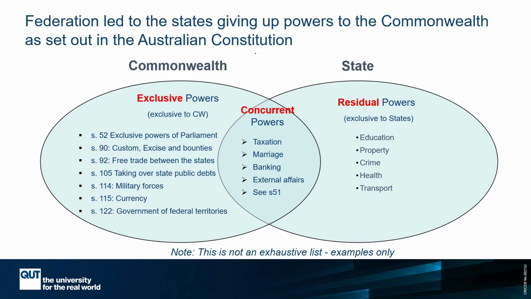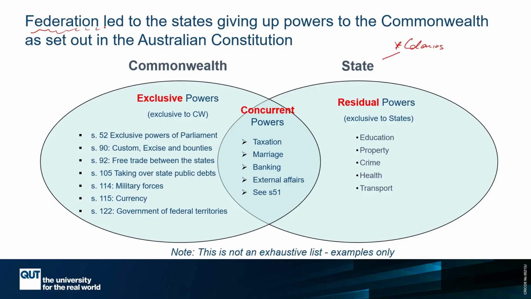So you'll remember that Australia is a federation. That means that the power originally was in the colonies. They were self-governing under the umbrella of the British Empire, but they were self-governing. So what actually happens when Australia gets formed?